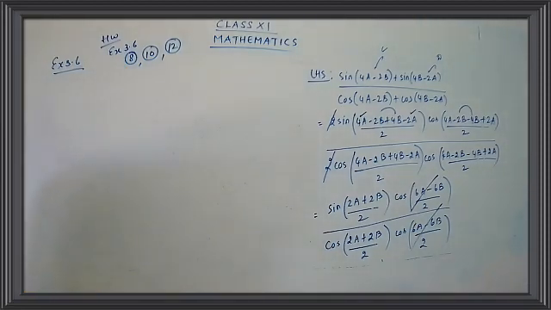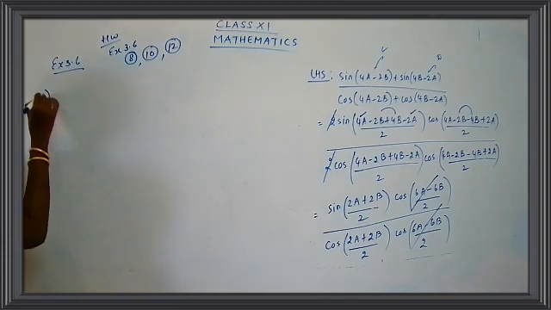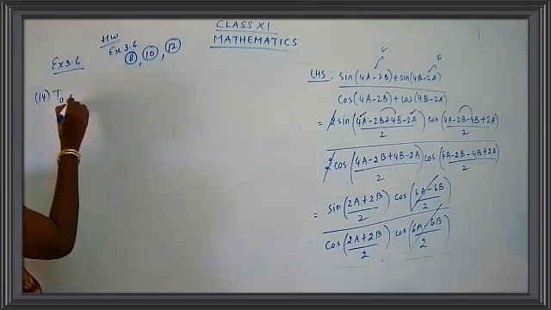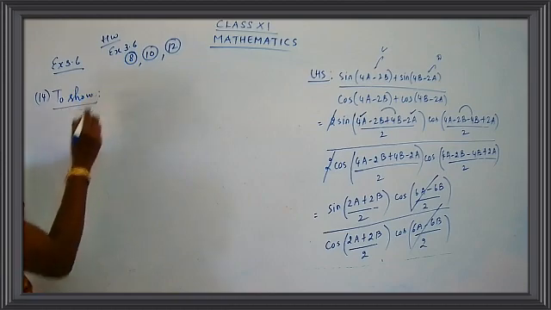Write down the sum. Show that cot of (a plus 15 degree) minus tan of (a minus 15 degree) is equal to 4 cos 2a upon 1 plus sin 2a. Have you taken down the question? I'll be just starting with the to-show part.